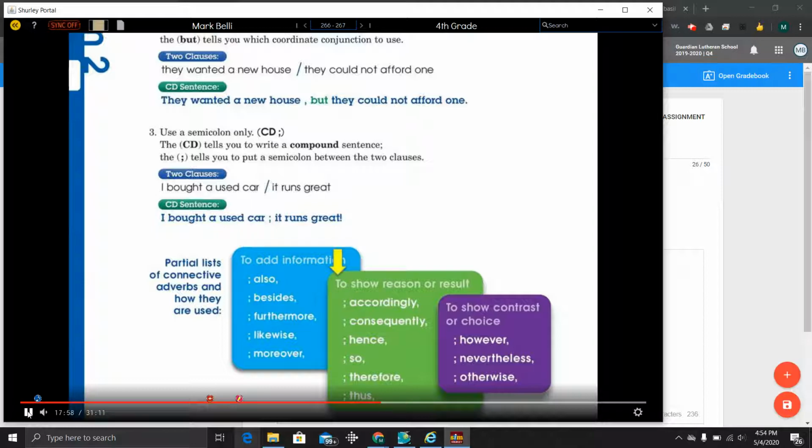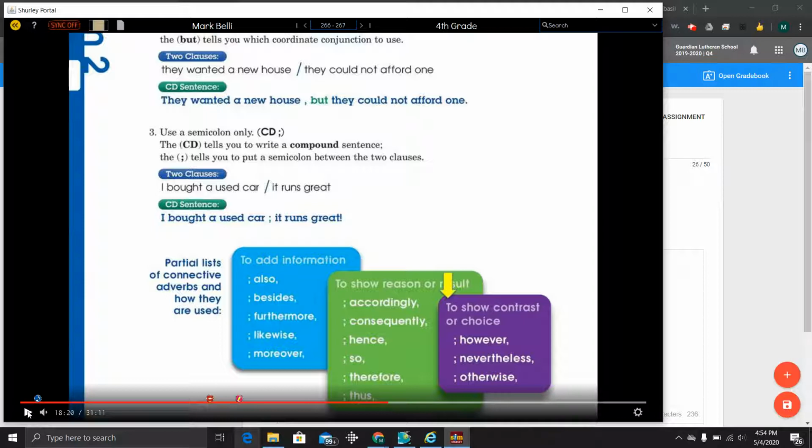When you need to show reason or result, use words such as accordingly, consequently, hence, so, therefore, thus. And when you want to show contrast or choice, use words like however, nevertheless, otherwise.